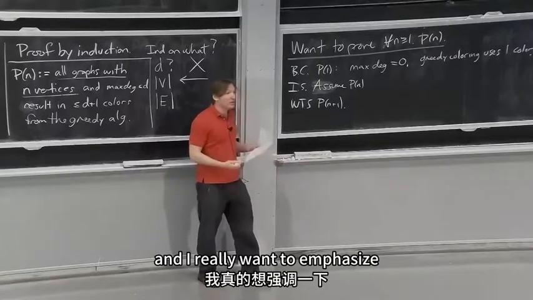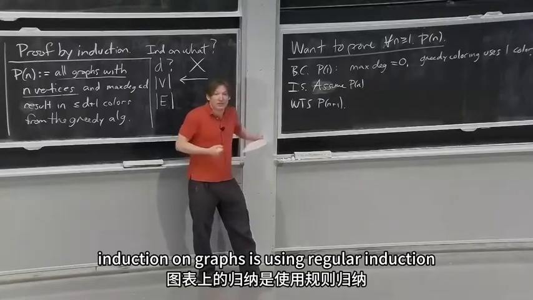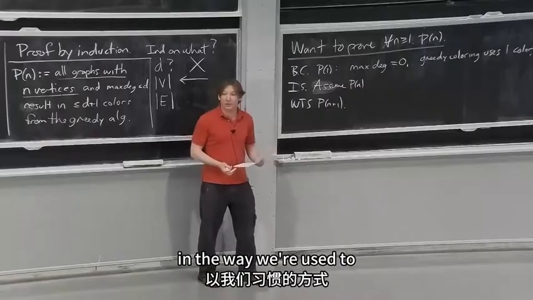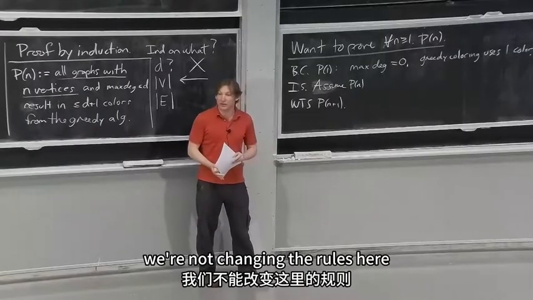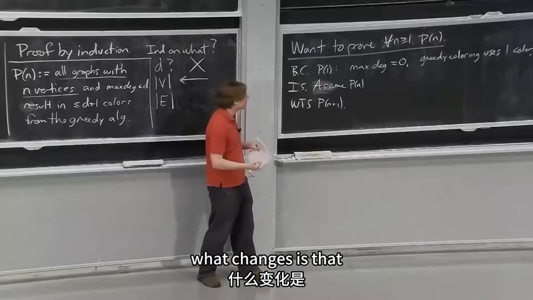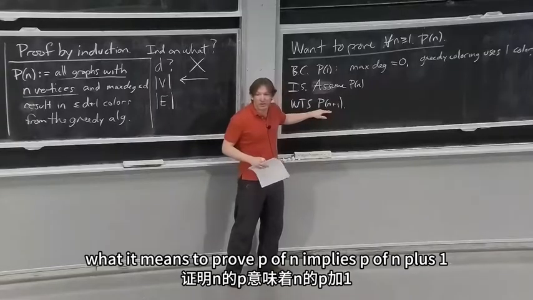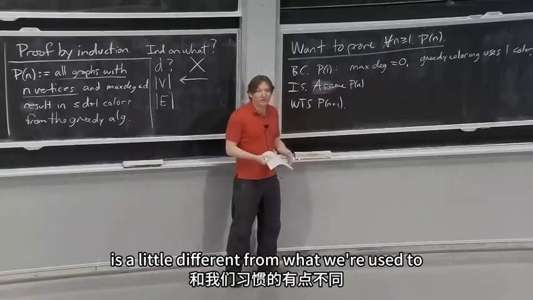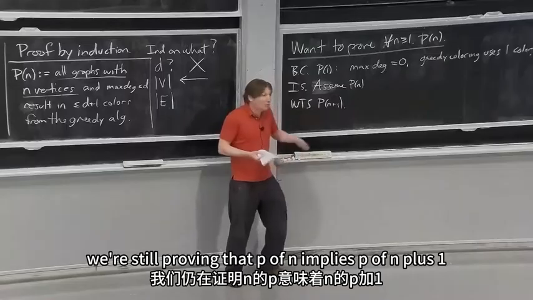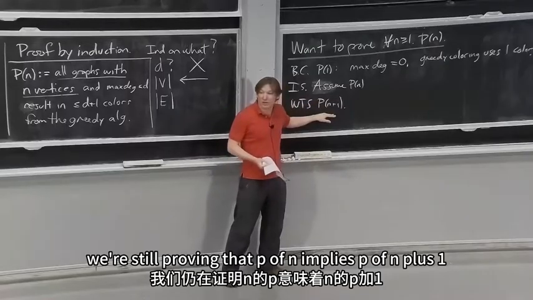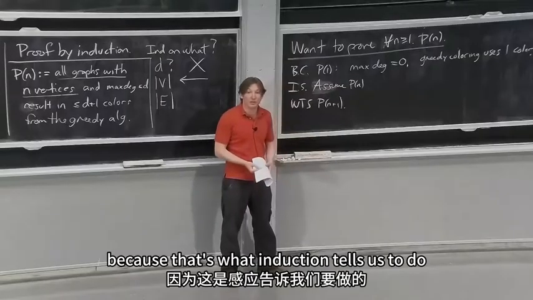And I really want to emphasize induction on graphs is using regular induction in the way we're used to. We're not changing the rules here. What changes is that what it means to prove P of n implies P of n plus 1 is a little different from what we're used to. We're still proving that P of n implies P of n plus 1 because that's what induction tells us to do.